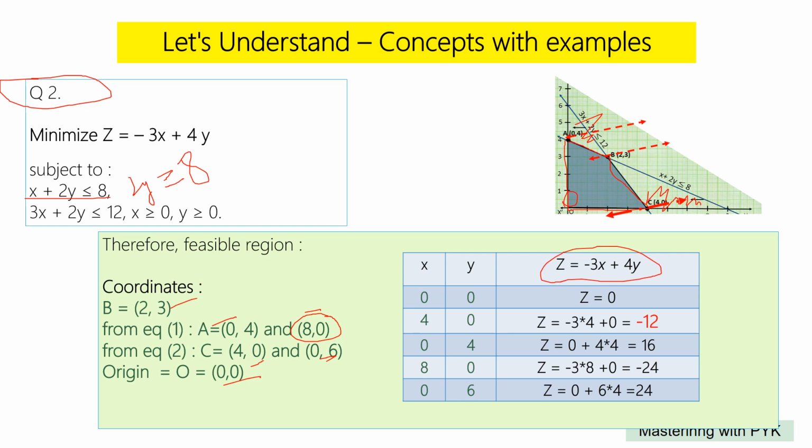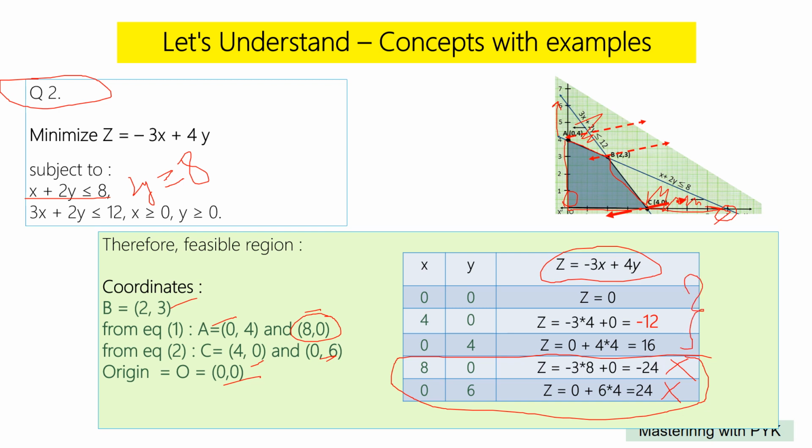So anything beyond 4 is not in the region, and anything between 4 to 6 is not in the region. This means I will ignore the values -24 and 24. You will not be calculating them. Here we have only calculated to show and understand the feasible region.